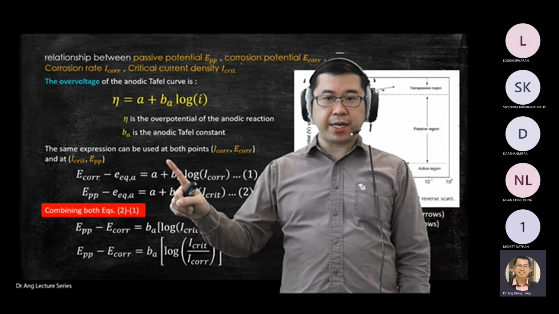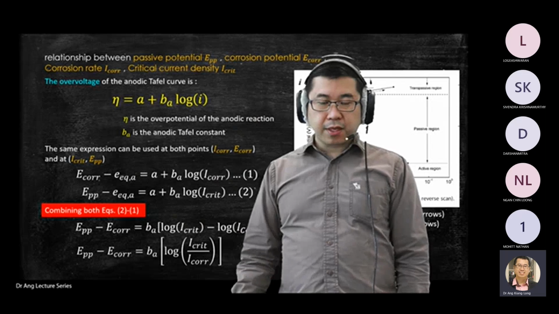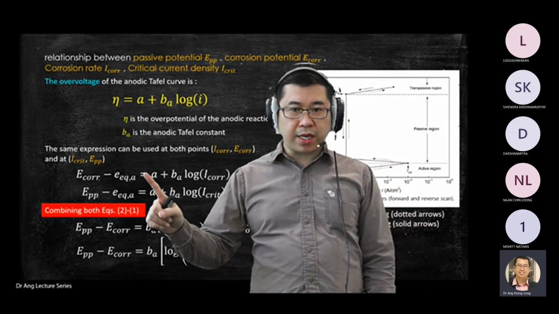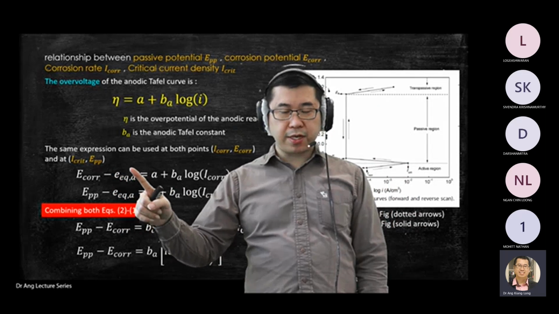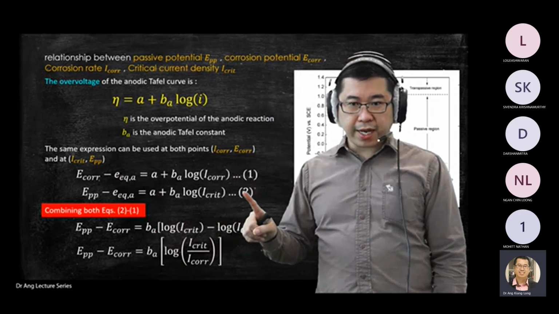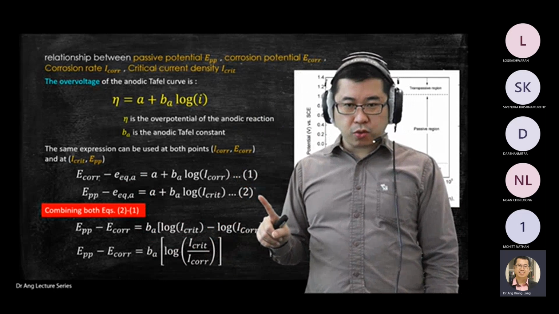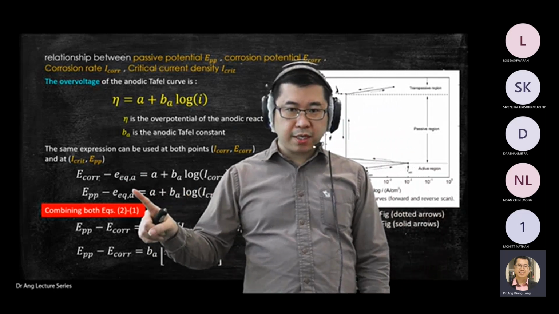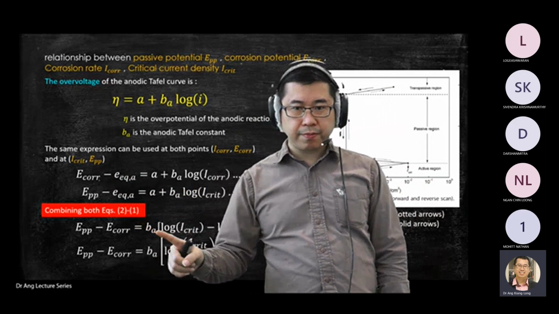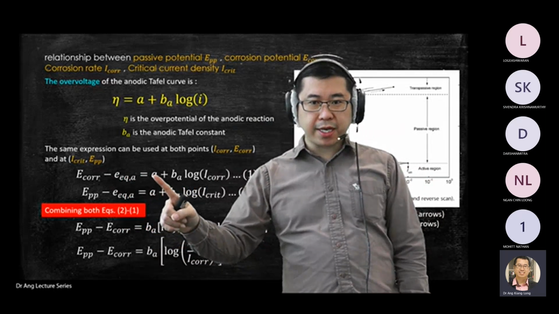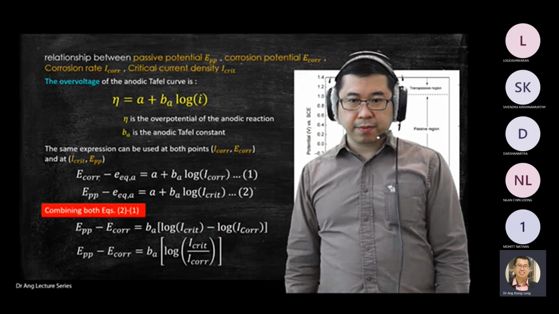You want to eliminate A, the equivalent standard potential. So you take 2 minus 1, what happens to this one? Minus minus becomes positive, A minus A cancels.